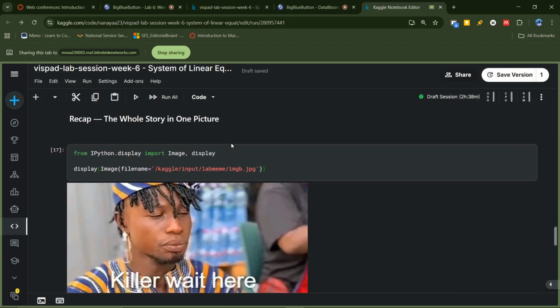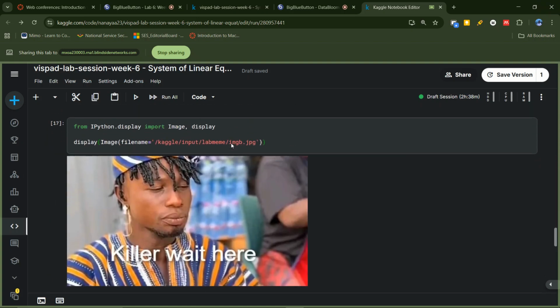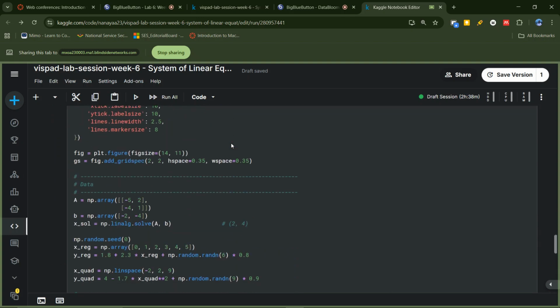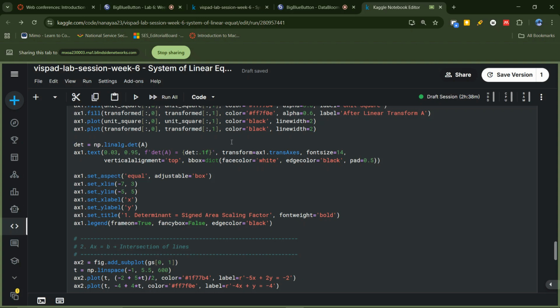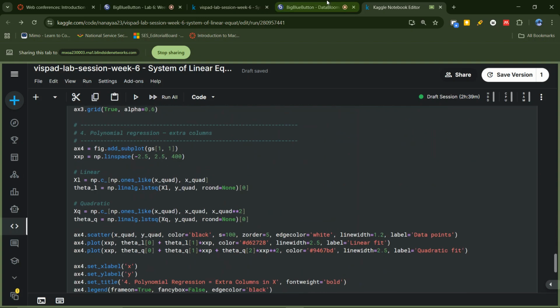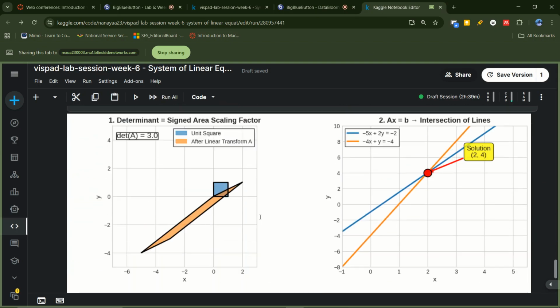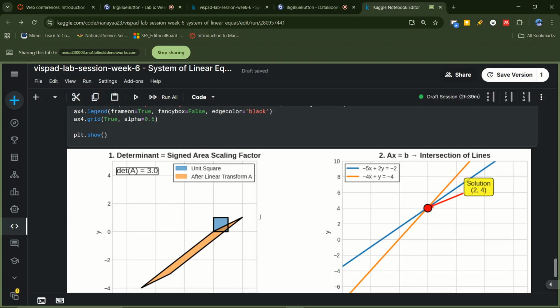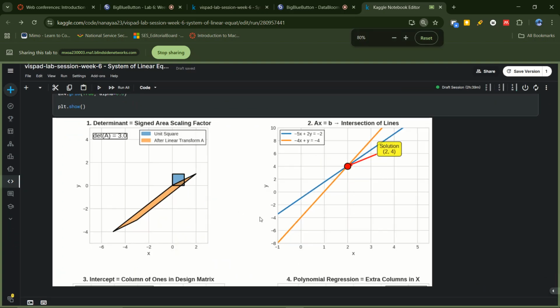So that is it for today. These are some visualization codes. Let me see if I can squeeze it for everything to fit.